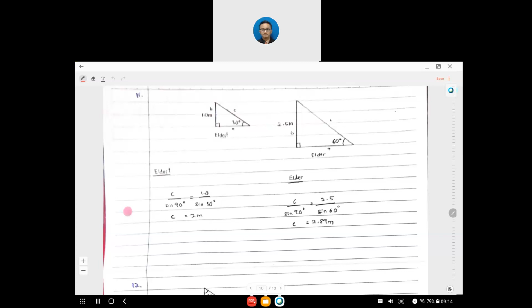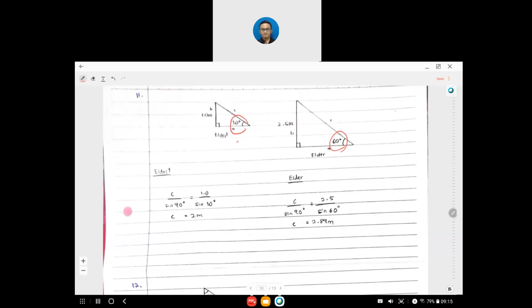Okay, so you need to find the solutions for this one. 2.5 meter, 1 meter. Okay. You made a mistake on putting the angle.